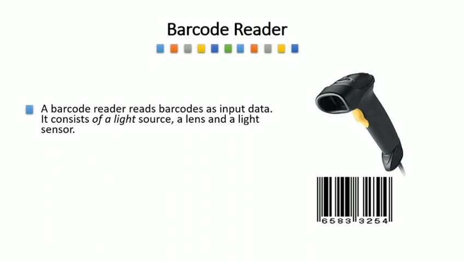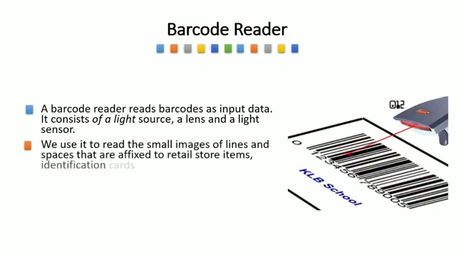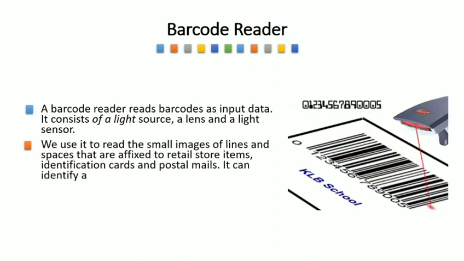It consists of a light source, a lens and a light sensor. We use it to read the small images of lines and spaces that are affixed to retail store items, identification cards, and postal mail.